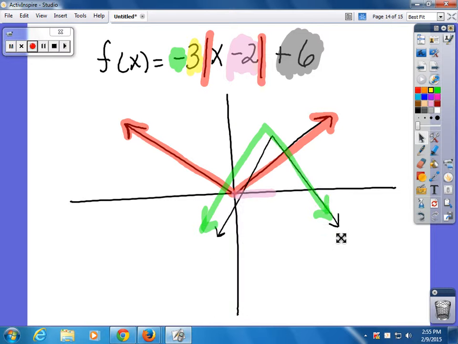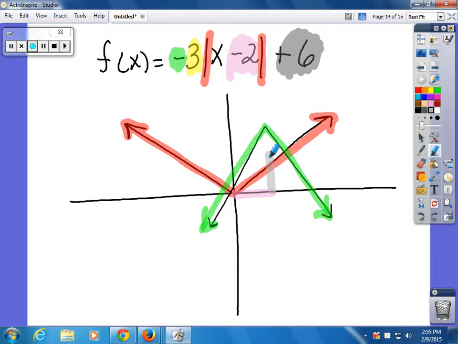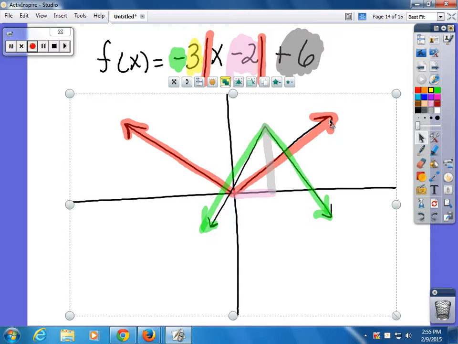And 1, 2, 3, 4, 5, 6. And then that's going to be our gray color. And now that's your graph. Now, of course, you don't need the red graph. Let me get rid of it so we're not going to mess with it.